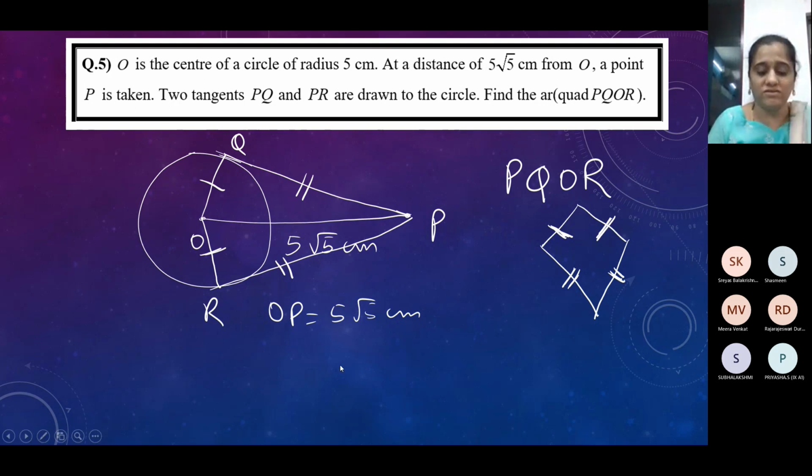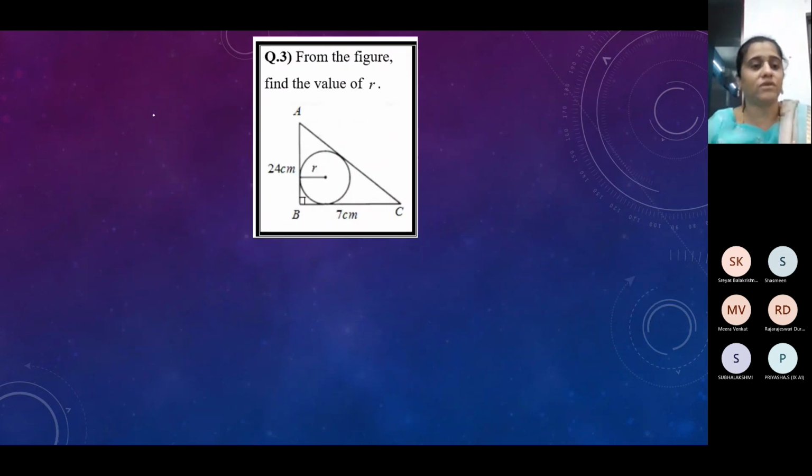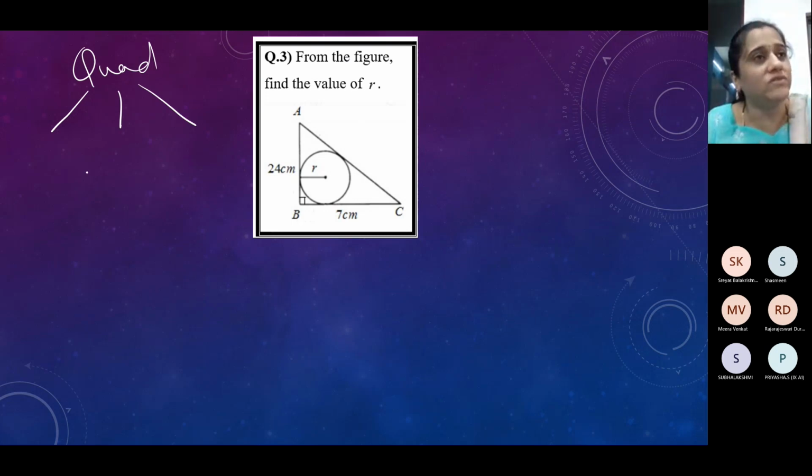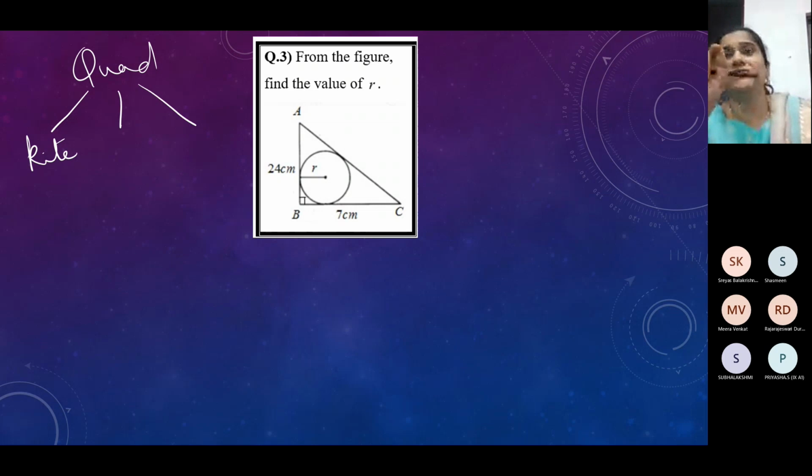When you classify quadrilaterals, a quadrilateral in which no pair of opposite sides is parallel is a kite.